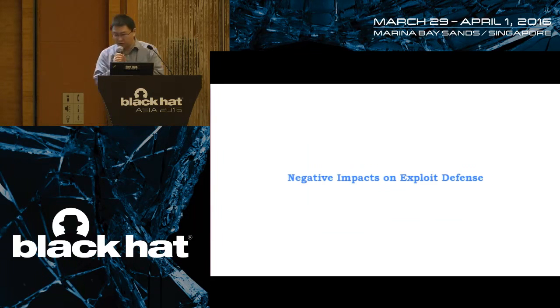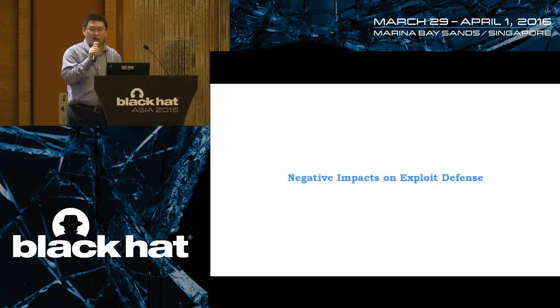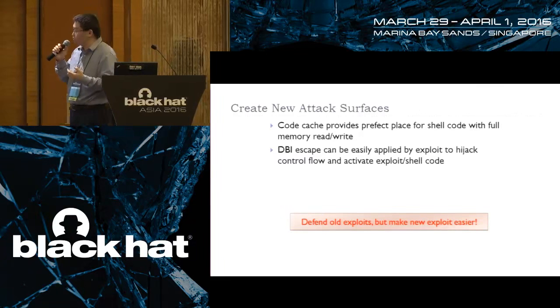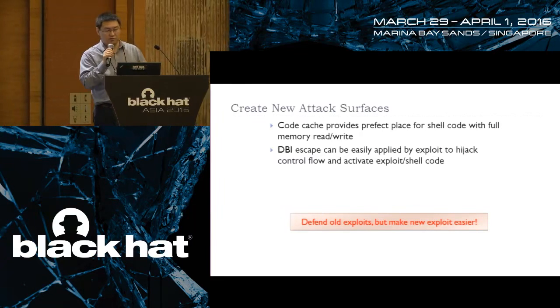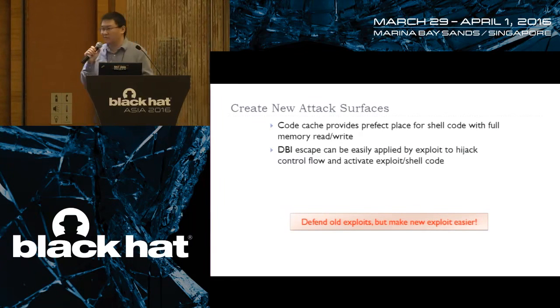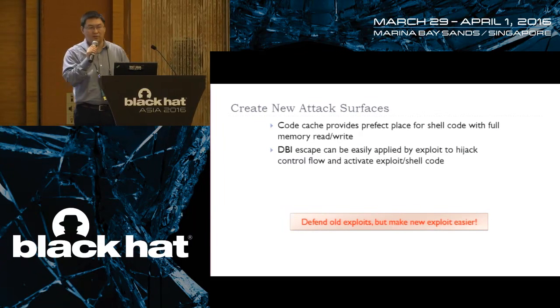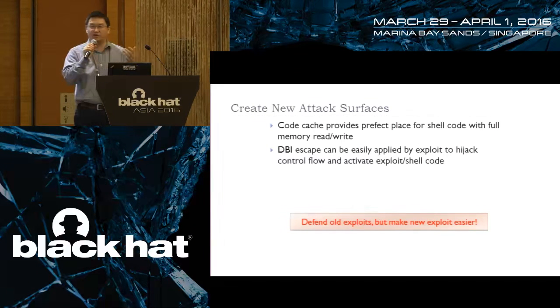Now we want to bring up another thing. Lots of people want to use DBI for ROP defense. Our conclusion is that today, if you use DBI to do ROP defense, you stop something, but you bring some new attack surface. For example, the code cache: a huge code cache in memory, rewritable and executable.